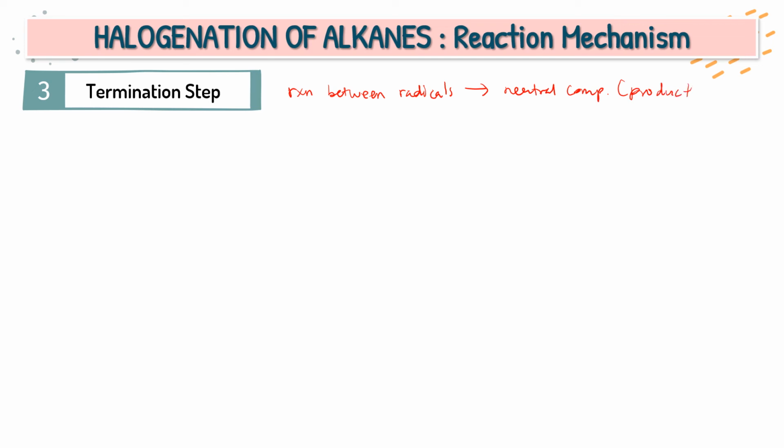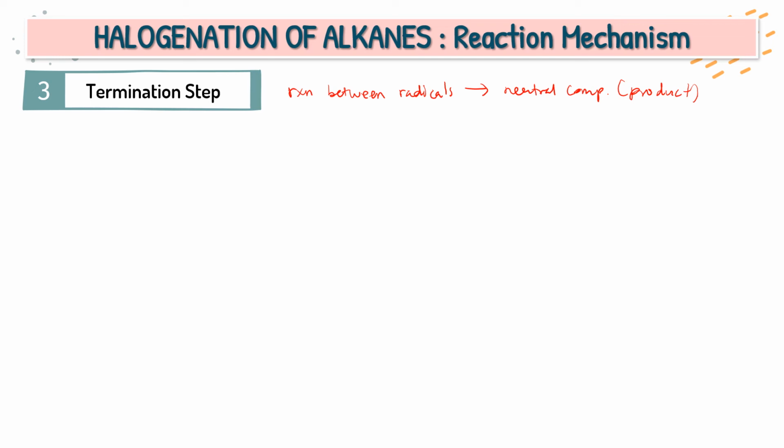Okay, jadi awak kena ingat balik, okay, berapa radical yang kita dah hasilkan. We have 2 types of radical. Satu tadi kita dah hasilkan chlorine radical, yang kedua kita hasilkan alkane radical. Again, mungkin ada yang wondering, madam, kan tadi alkane radical tu dah react dekat step 2, dekat propagation.